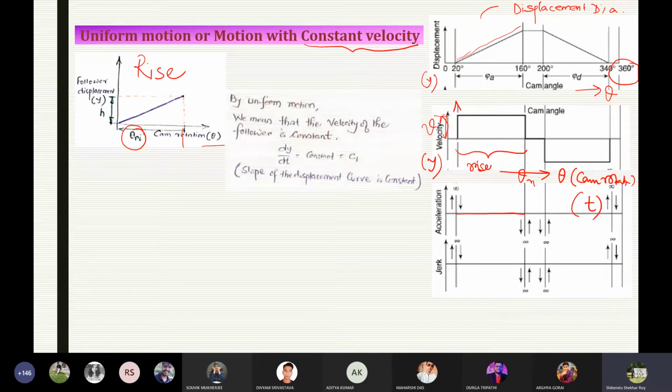Now, as you know, what does uniform motion mean? It means the velocity of the follower is constant.